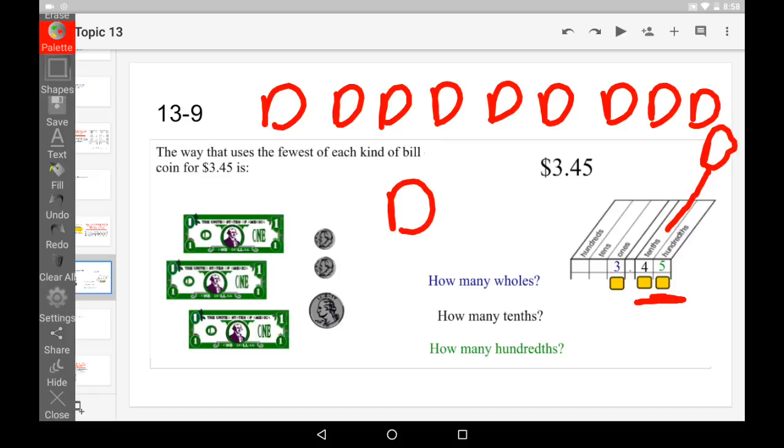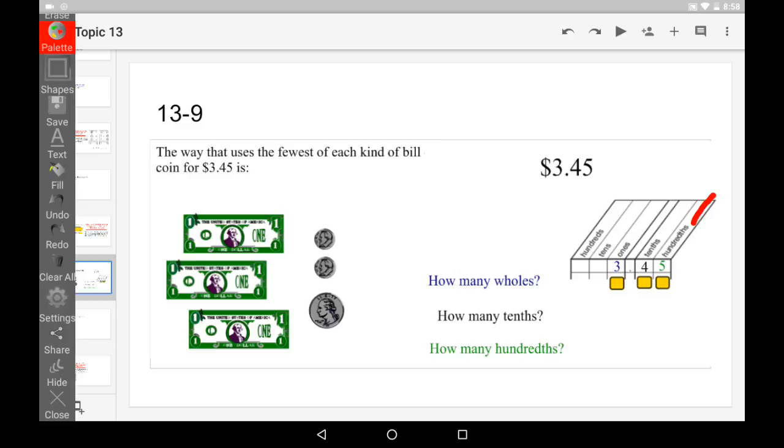So keeping that same mindset, what would be our hundredths in coins? What takes 100 to equal $1? And if you thought to yourself, I'm not going to draw out 100 pennies, but yes, pennies represent our hundredths. I need 100 pennies to make $1. So our wholes in this case are our $3 bills.